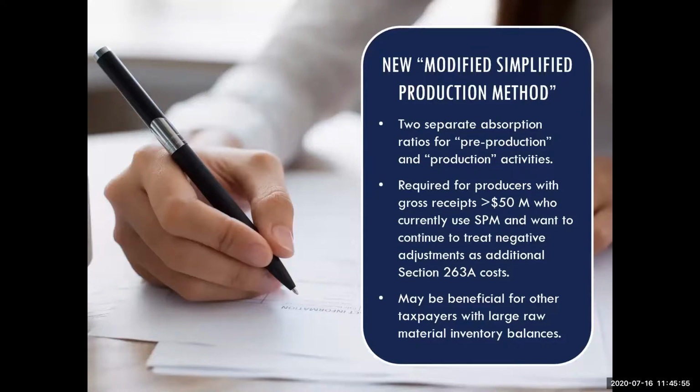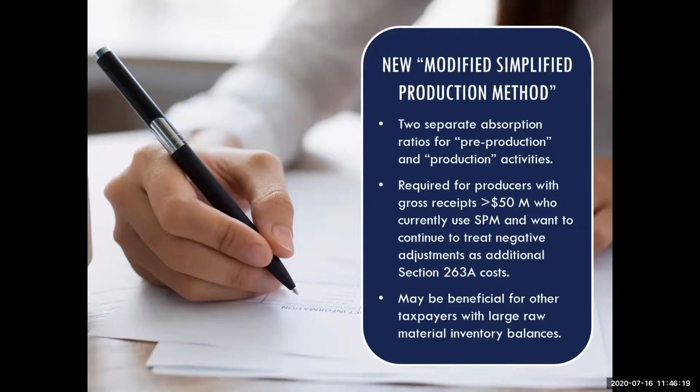Rather than the old simplified production method, which is still available, there is a new modified simplified production method, and it actually breaks things down a little bit more from a cost accounting standpoint. It's going to use two different formulas to capitalize the additional 263A costs to ending inventory.